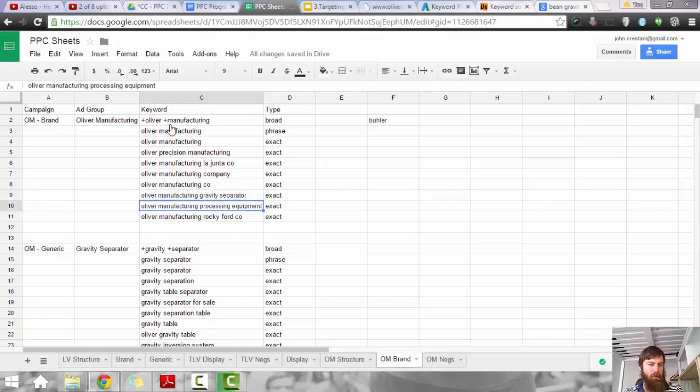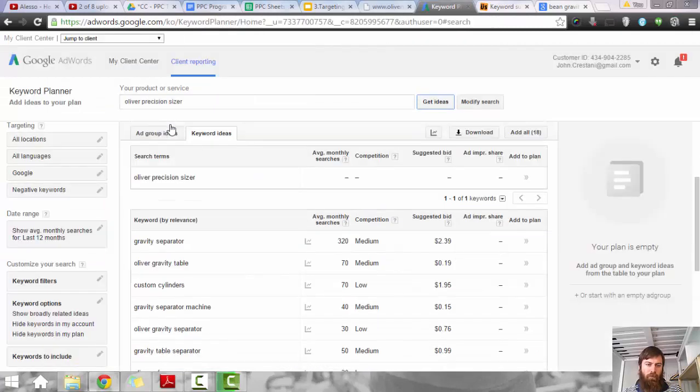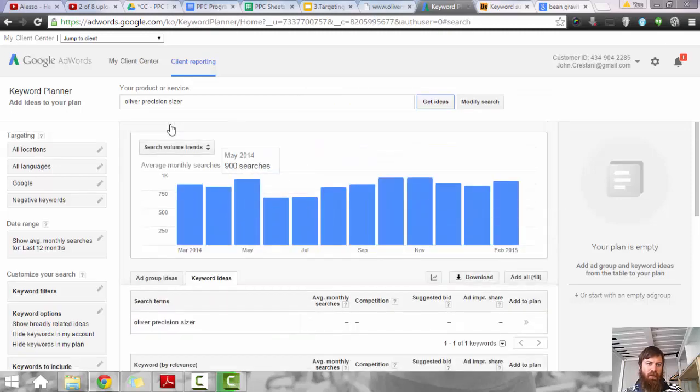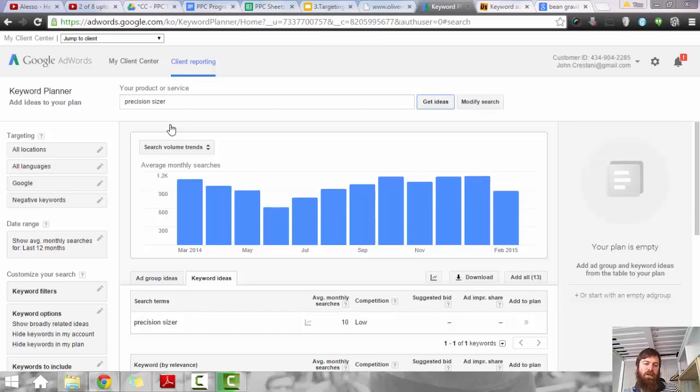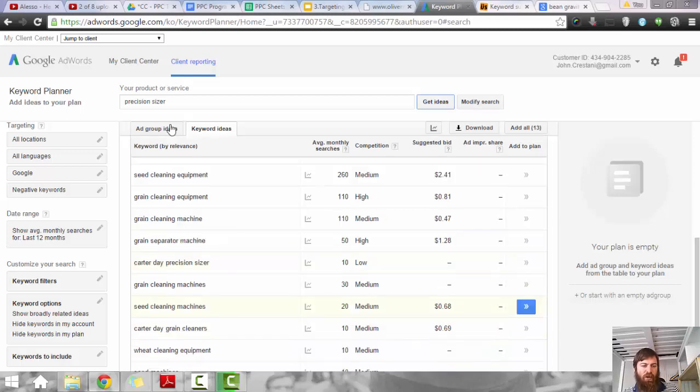Processing equipment, gravity separator. Seems like the gravity separator is the most important product here. I may not understand the way that people purchase these things, but that could be it, because everything seems to be based around separation.